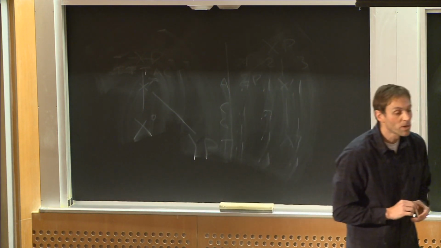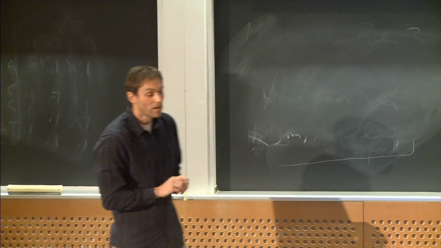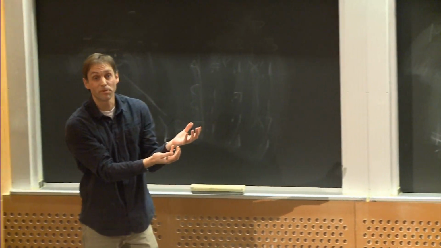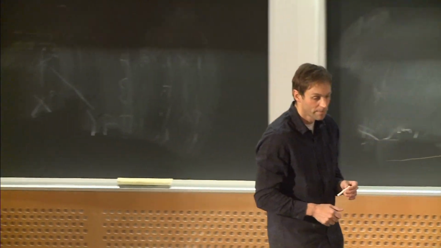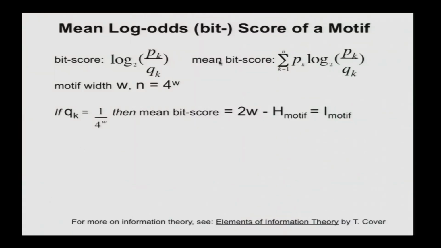And so then if you were to calculate the mean bit score, if I had a bunch of instances of the motif, it will be given by this formula that's here in the upper right. So that's your score, and this is the mean where you're sampling over the probability using the motif model probabilities.